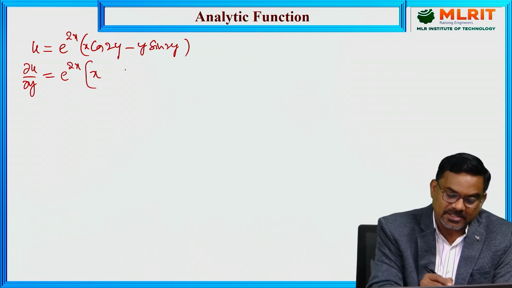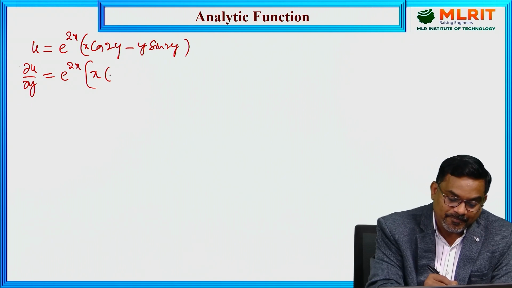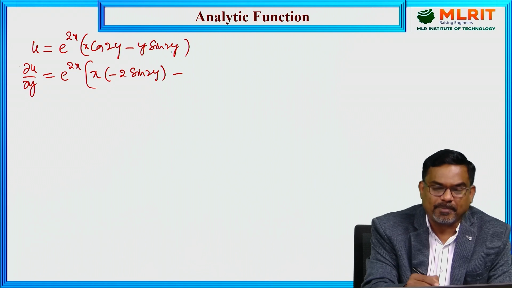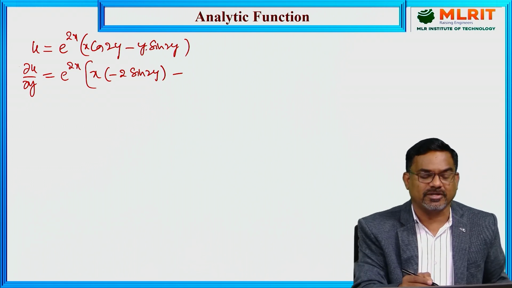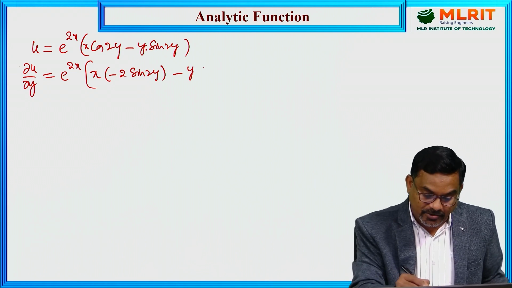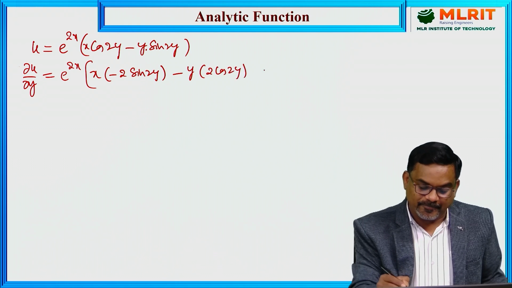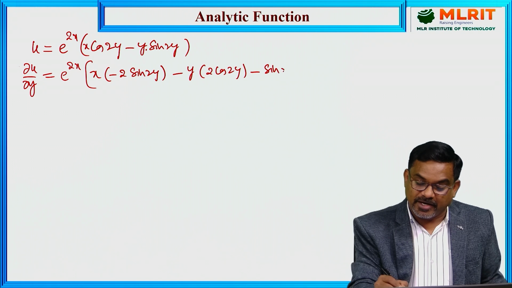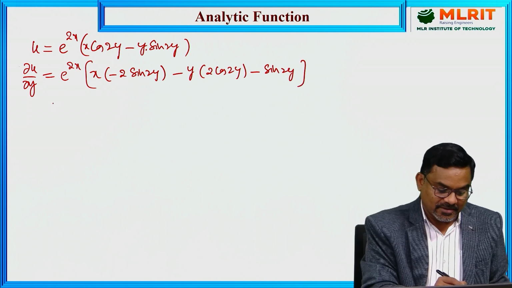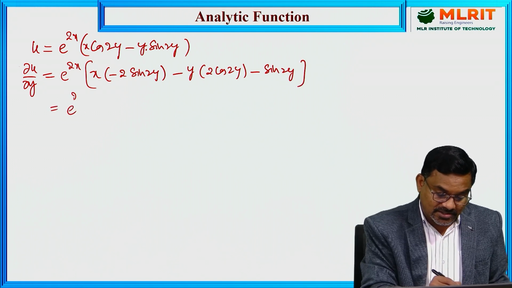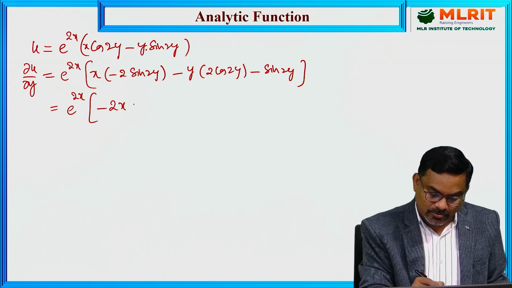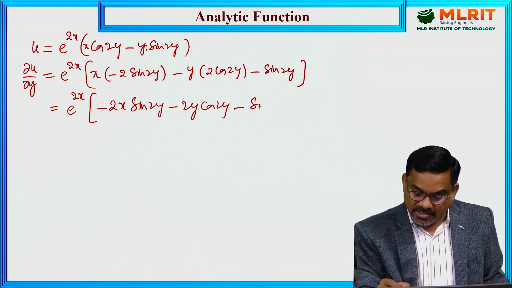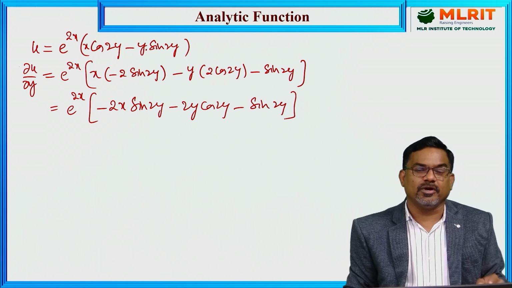So x constant, derivative of cos 2y is minus 2 sin 2y, minus, here we need to apply uv rule because we have the product y into sin 2y. So y into 2 cos 2y, the derivative of second function, minus sin 2y into derivative of y, which is 1. This is e power 2x into minus 2x sin 2y minus 2y cos 2y minus sin 2y. So this is dou u by dou y.